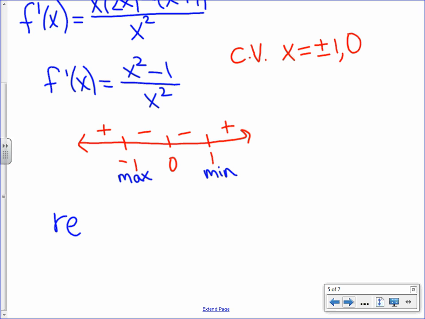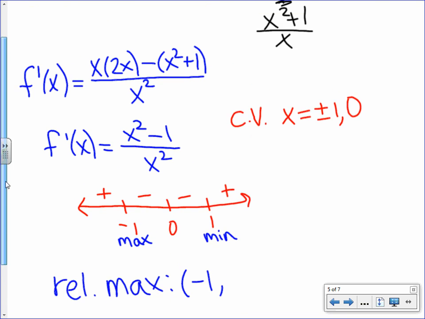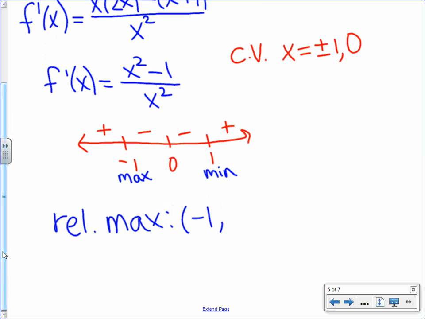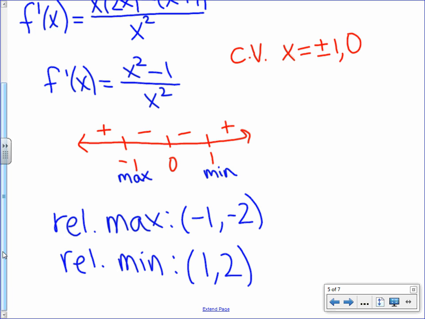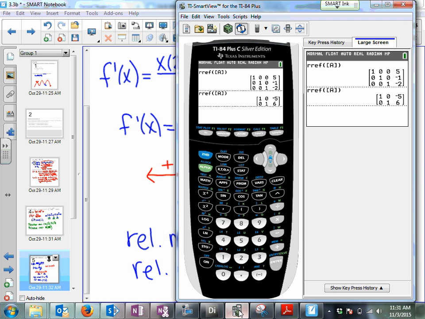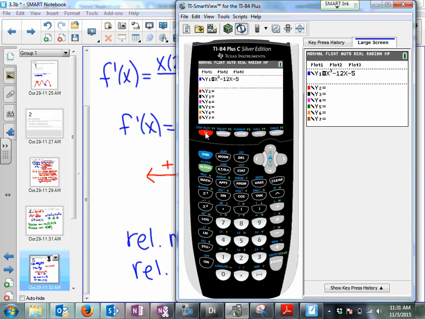So we have a relative maximum at -1, -2, and we have a relative minimum at 1, 2. I know, it's exciting, right? What was our function? X squared plus 1 over x?